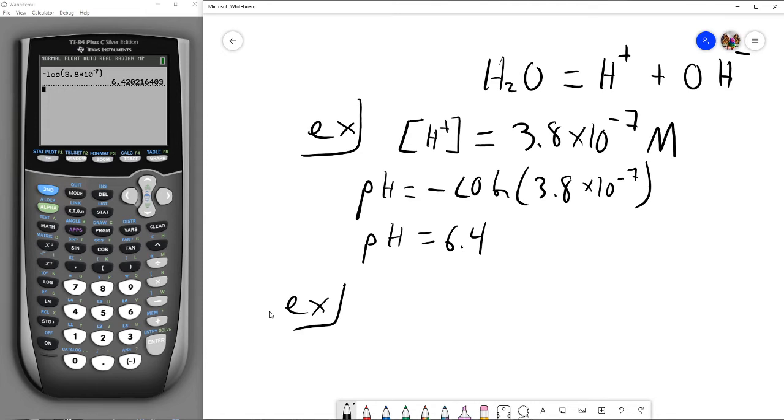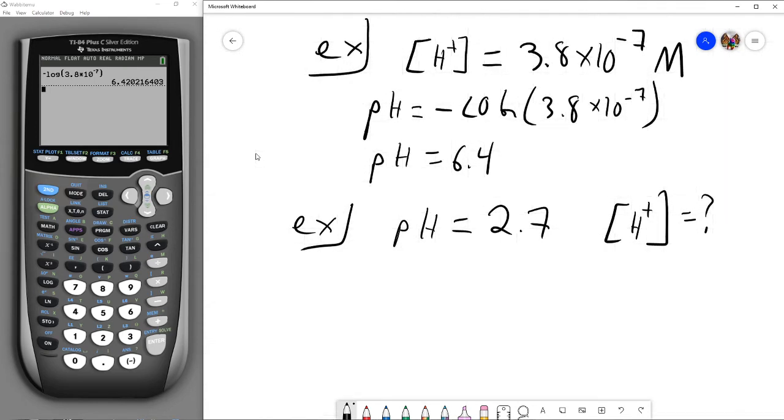Now, if you were told that the pH of some solution was, say, 2.7, and you want to know what the concentration of hydrogen ions was, we can set it up like so.